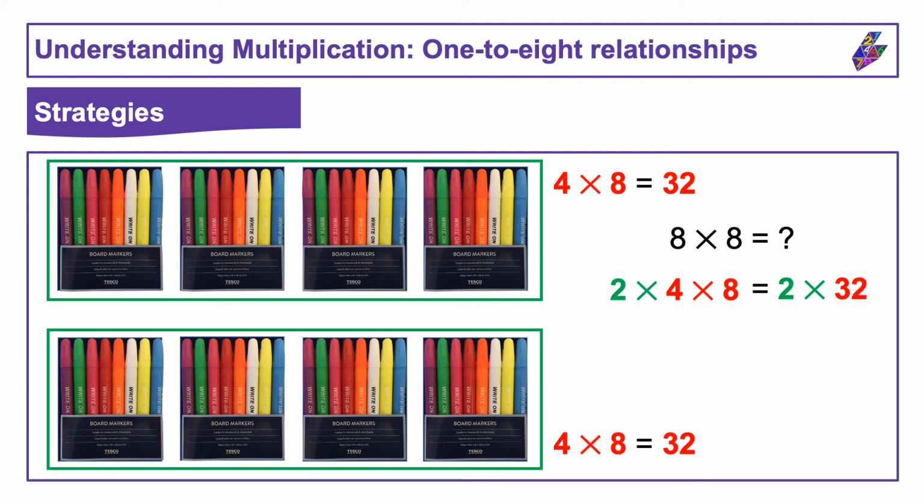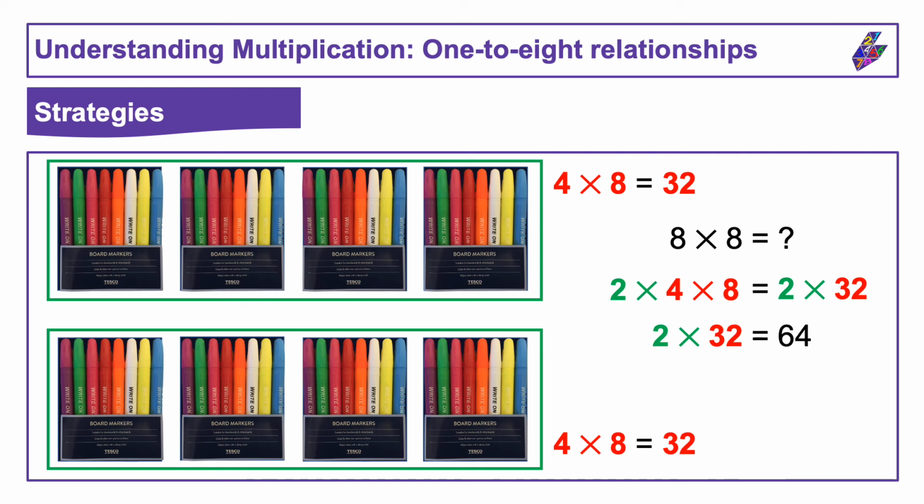We can see this in the picture because I've got 2 lots of 32 pens. 2 times 32 is the same as saying double 32, which if I know my double strategies, I might just know that this is 64.